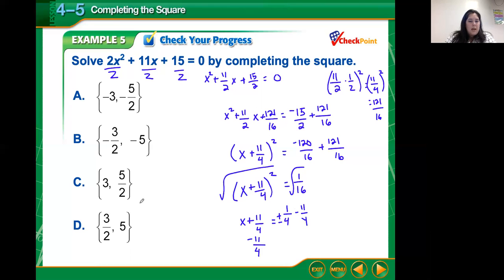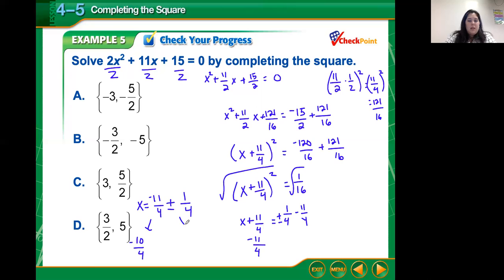And so now we have x equals negative 11/4 plus or minus 1/4. So if we add a 4th, we end up with negative 10 over 4.